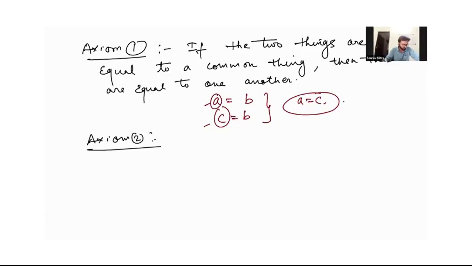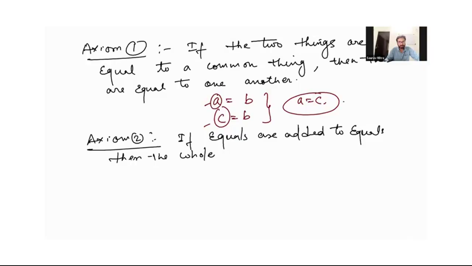So next is your axiom 2. What is axiom 2? If equals are added to equals, then the wholes are also equal.